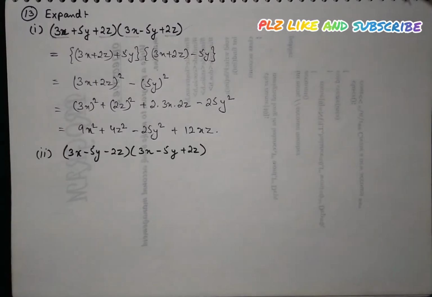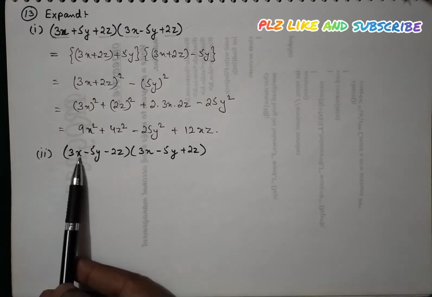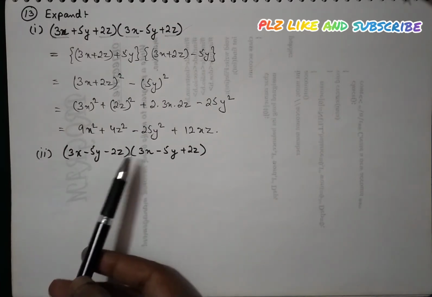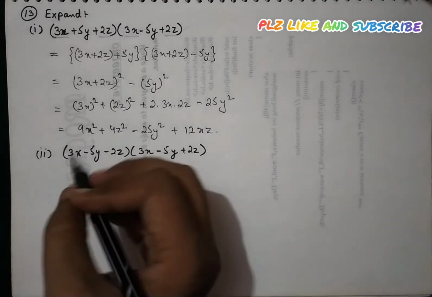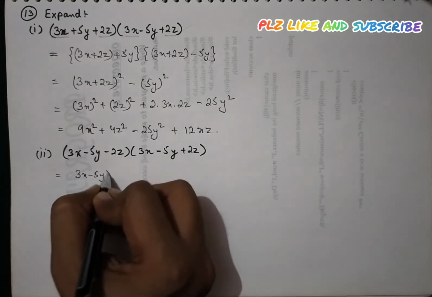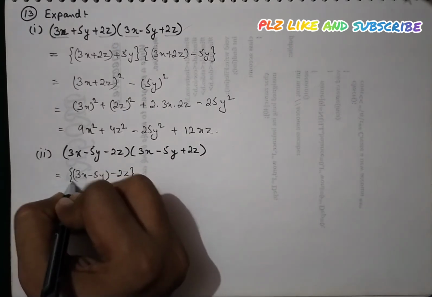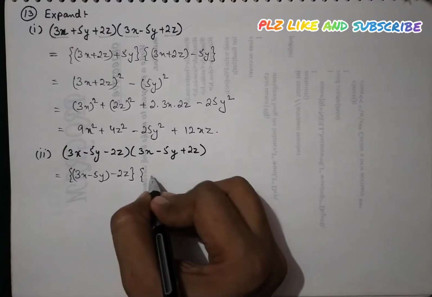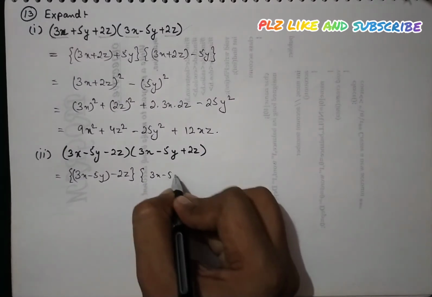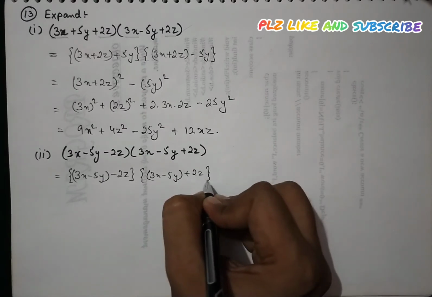Now let's see the second part also. Here in this question the similar parts are the first two, and here we are having minus and this one is plus, so we can write this one as 3x minus 5y in a bracket minus 2z in curly braces, and similarly over here 3x minus 5y and then plus 2z in curly braces.